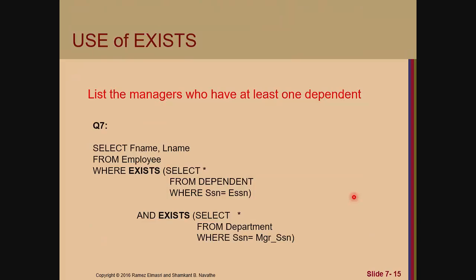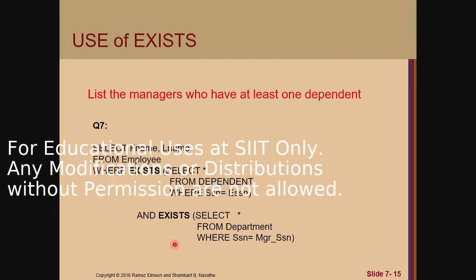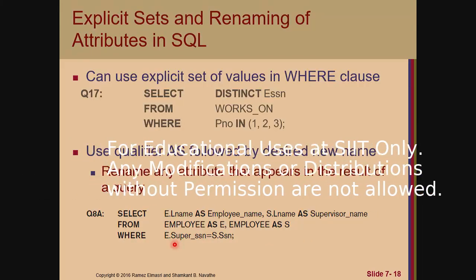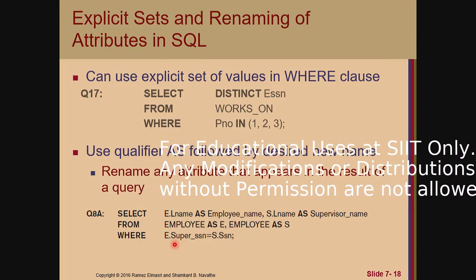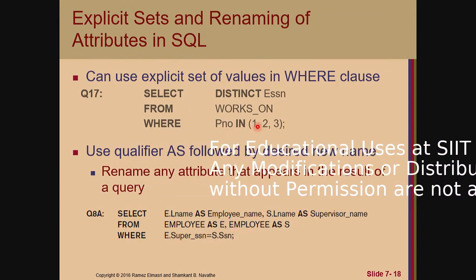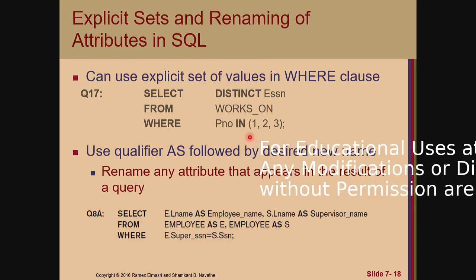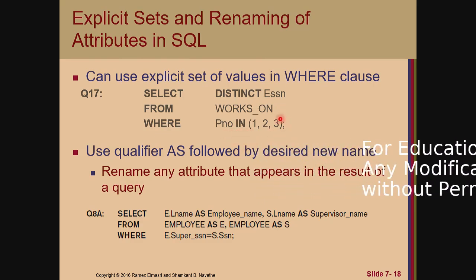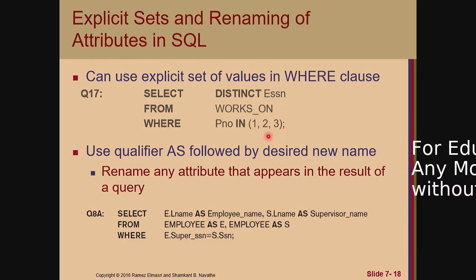Here is EXISTS. You can use EXISTS also. What else? IN. Of course, IN. For example, here P&O IN the set 1, 2, 3. If you don't want to hard code 1, 2, 3, you can use a command to select the result from another table.